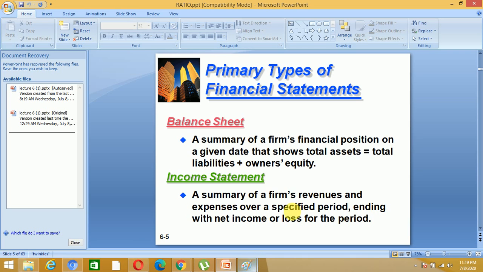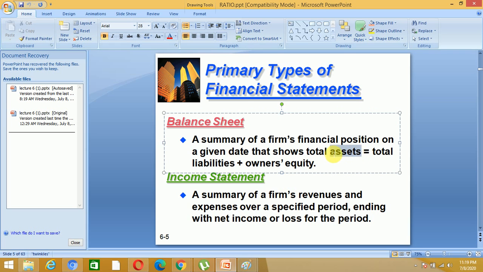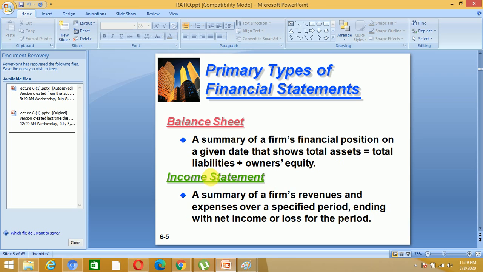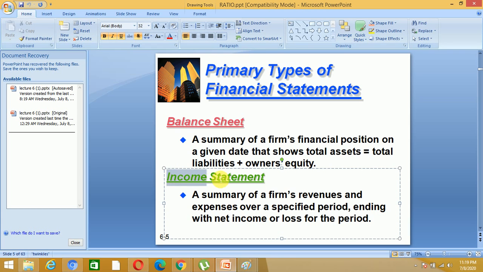In the balance sheet, three things are included: assets, liabilities, and owner's equity. So the balance sheet is showing us the financial position of the firm.